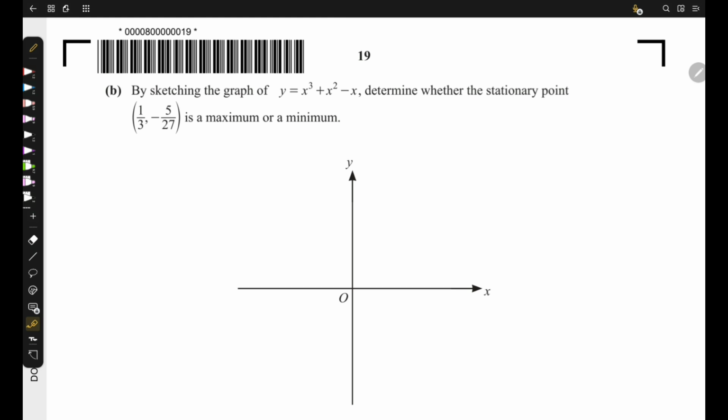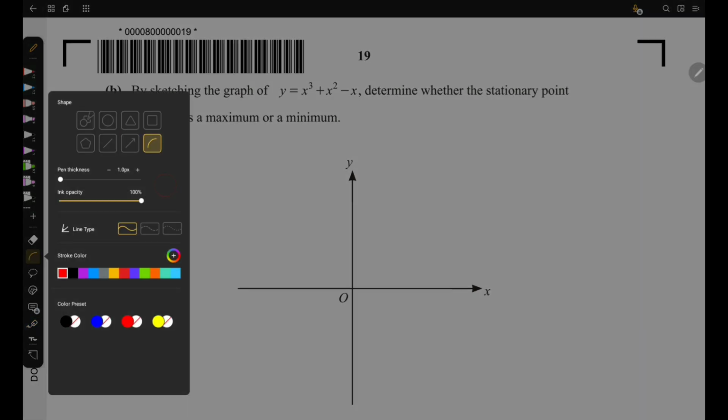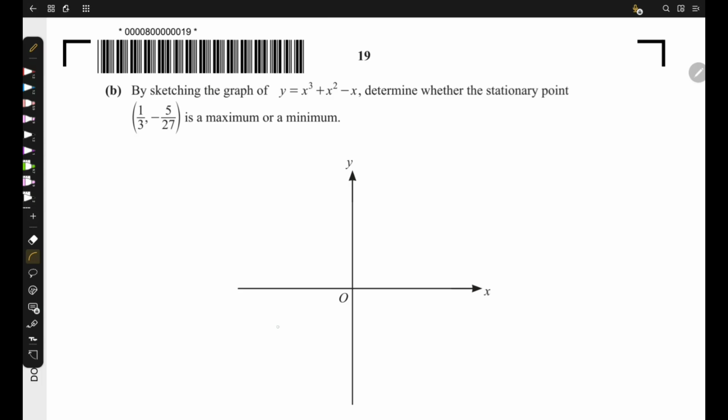So the graph of this function would be like this. Now, these two are stationary points. Let me highlight them.